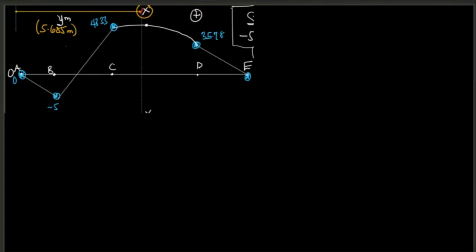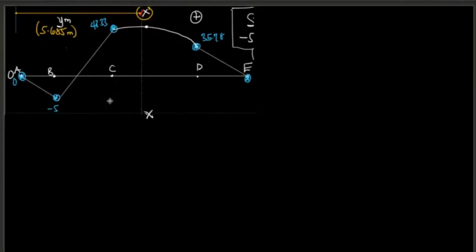So I'm going to take the summation of moment about that section X, which equals 0. The bending moment about X is equal to what?